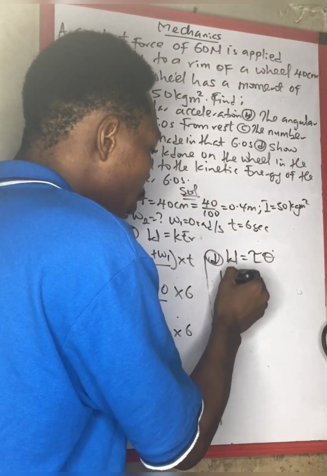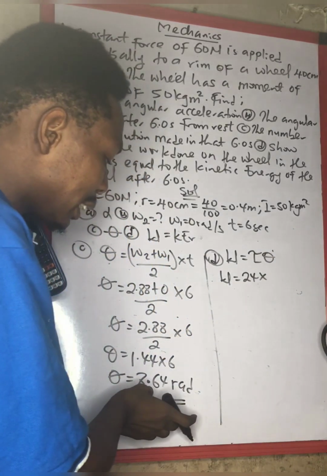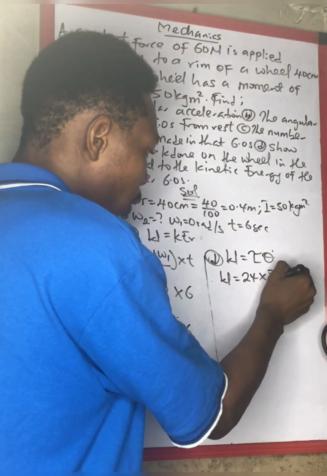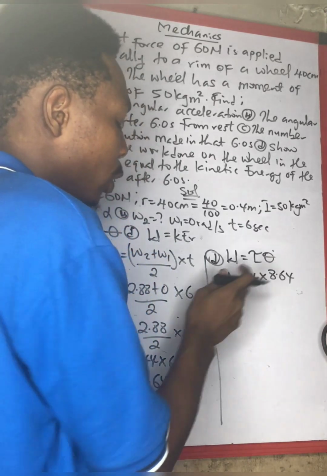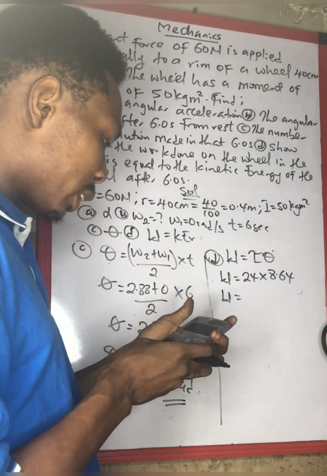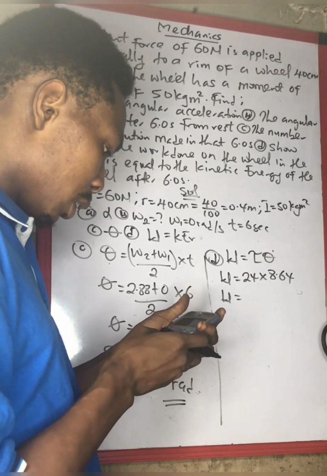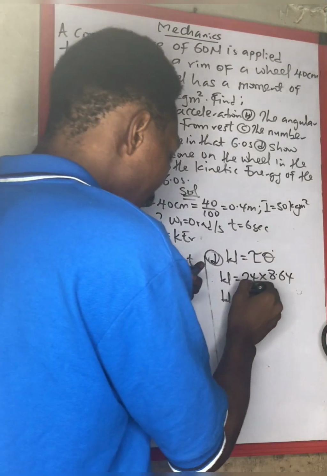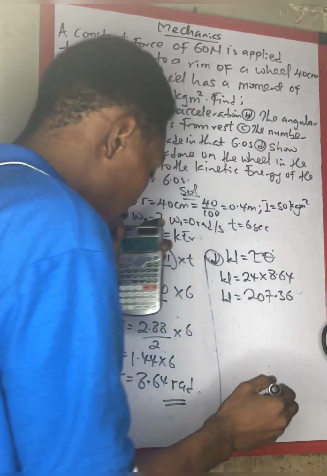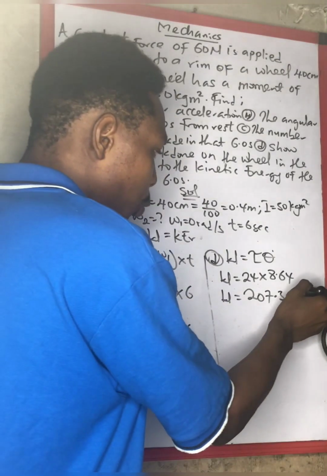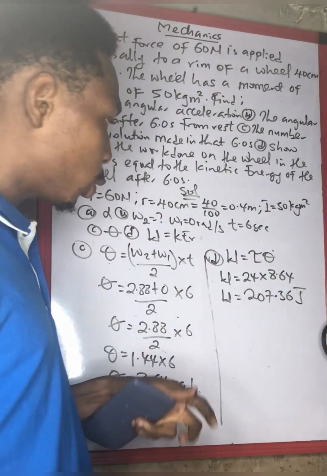From there, our work done is equal to 24 times our theta, which is 8.64. 24 times 8.64, we have 207.36 joules.